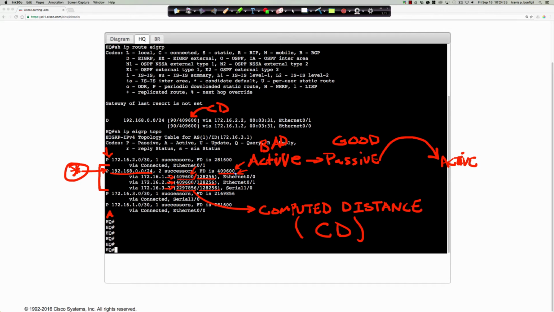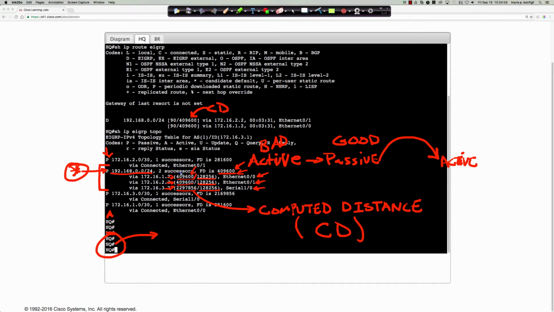And so the feasible distance is nothing more than this router's view going through each of these three successor routers, right? It's that cost to get from the HQ router to the successor, to the next hop router, plus their reported distance. And that gives us the feasible distance.